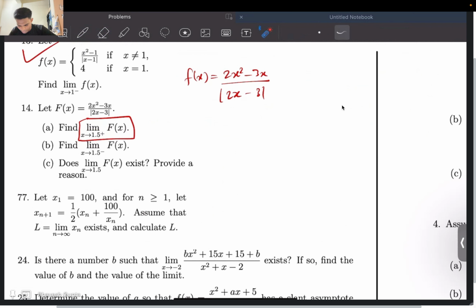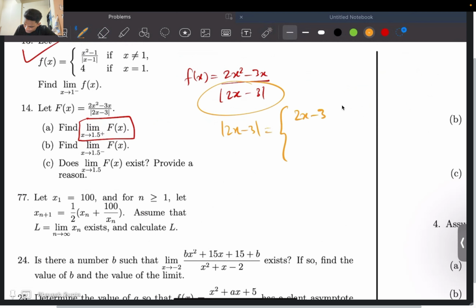So we know that this particular mod function has two branches. The first branch is 2x minus 3 and the second branch is minus of 2x minus 3.